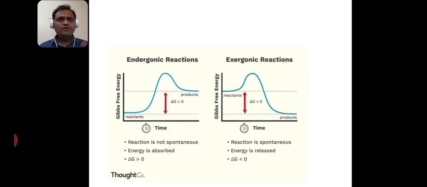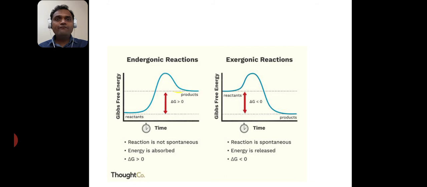Okay, now we will compare endergonic reactions and exergonic reactions with this graph. See, if we plot Gibbs free energy against time, firstly, for endergonic reactions, reactants have lower free energy than the product. So the product has more Gibbs free energy.